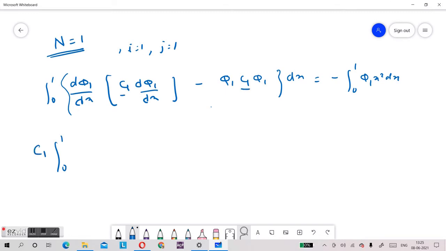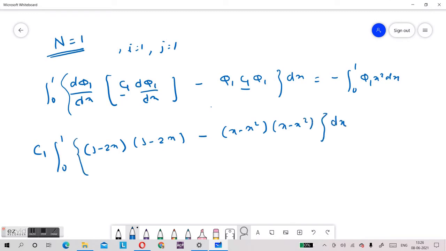So it is 1 minus 2x, and again 1 minus 2x, the c1 is out, and phi 1 is x minus x square, the whole dx. And it is minus integral 0 to 1 of phi 1, where phi 1 is x minus x square, dx.